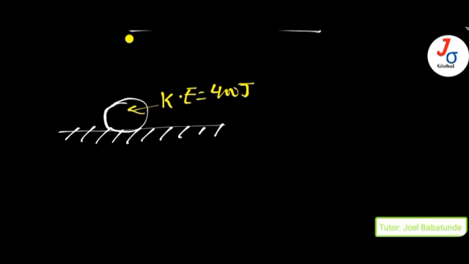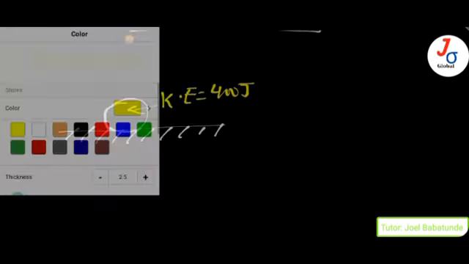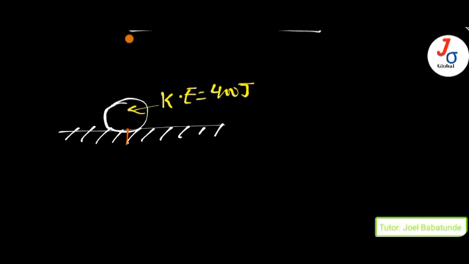So this ball does work by going through the sand 0.5 meters. Remember that energy, which is work done, equals force multiplied by distance. And we're looking for force. The energy possessed by this ball is 400 joules.